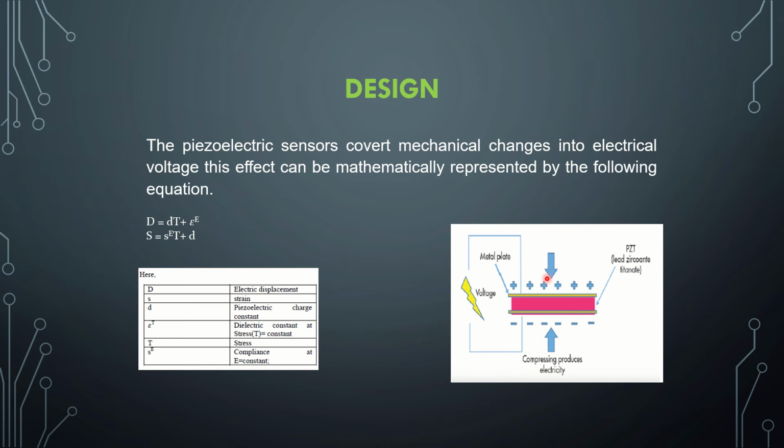Well, this is the structure, right? We have the metal plate where the cars are going to be located. On the other side, we have the lead zirconate titanate, and the compression produces electricity, which sends a message to the sensor.